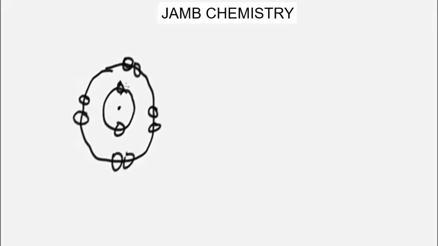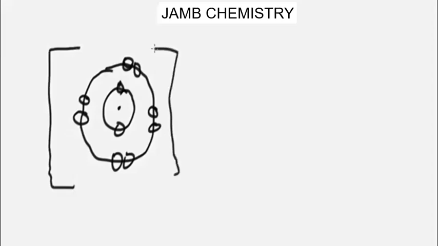Since sodium has lost one electron, this will now be its new structure, a single positively charged sodium, whereas the chlorine that received the one electron will now be a single negatively charged chlorine, that's the chloride ion.